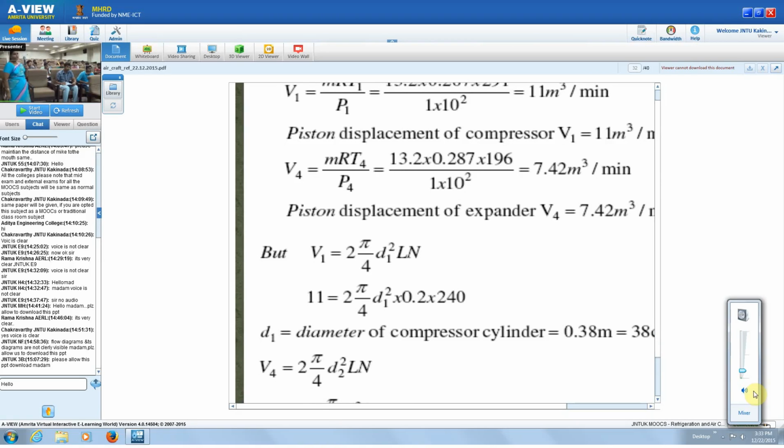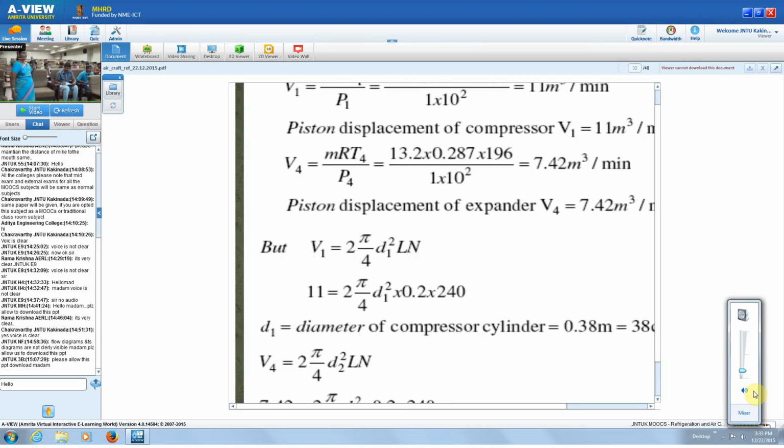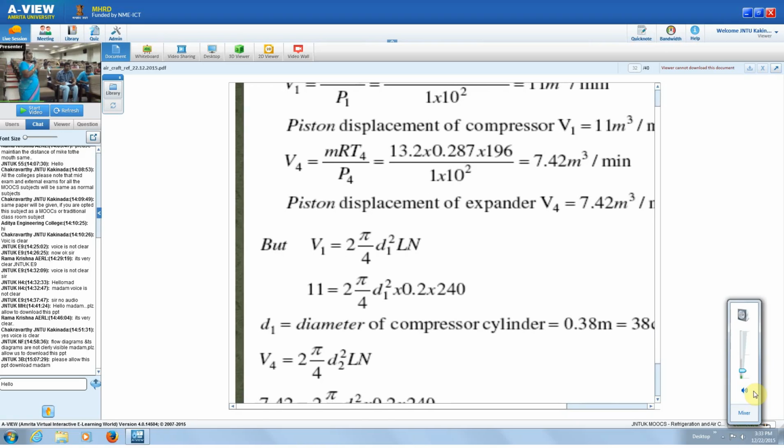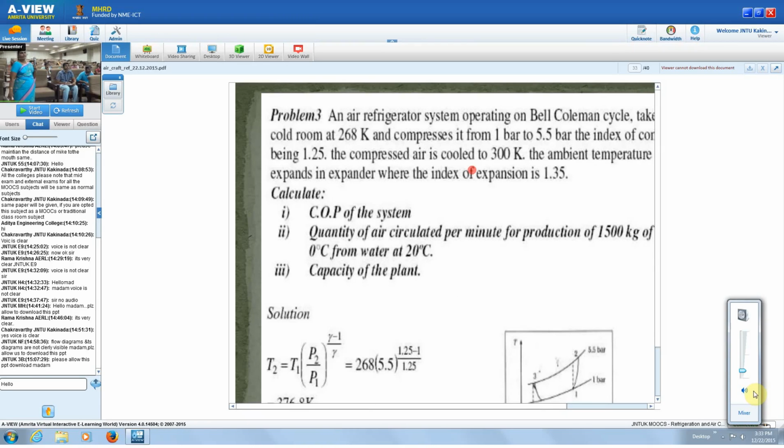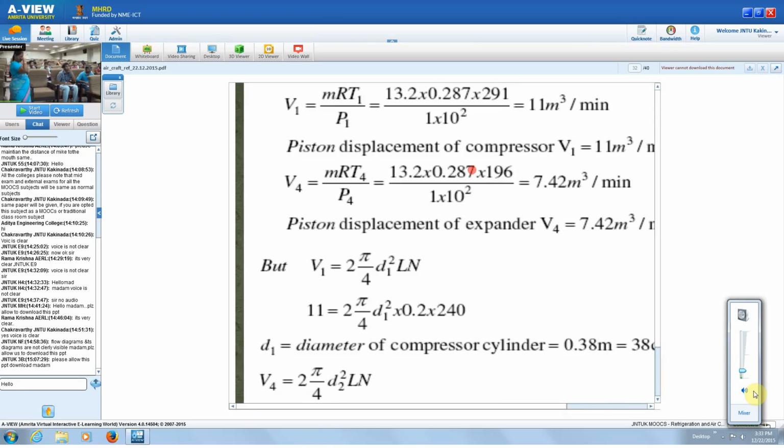So that is 2 into pi by 4 D2 square into Ln. So with that, diameter of the expander cylinder is 0.313 meters. So that problem you can do.